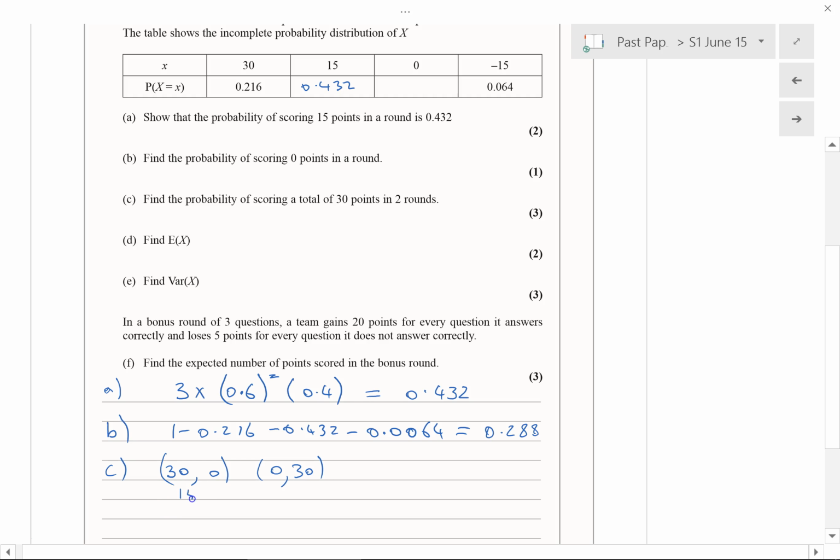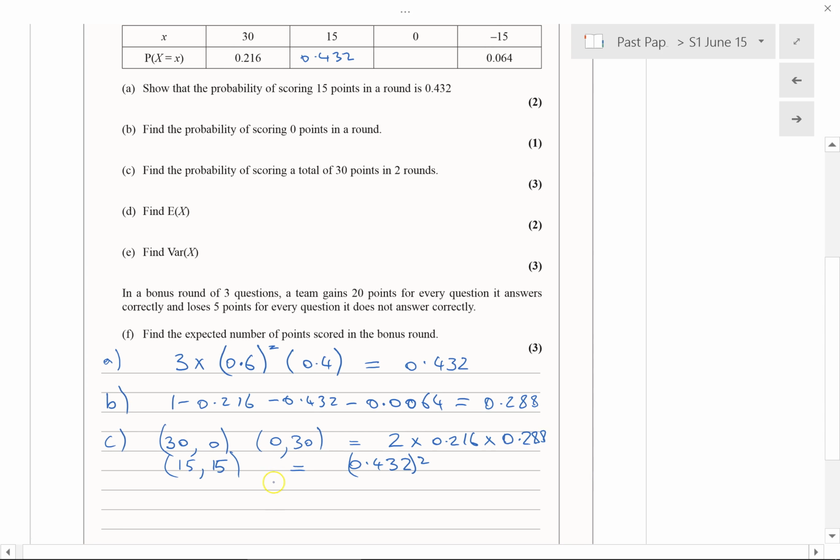Or we could have 15 and 15. Okay, those are the only ways of getting it. So this together, because they're going to have the same probability, is 2 times the probability of getting a 30, which is 0.216, times the probability of getting a 0, which is 0.288, and the probability of getting a 15 twice is 0.432 squared.